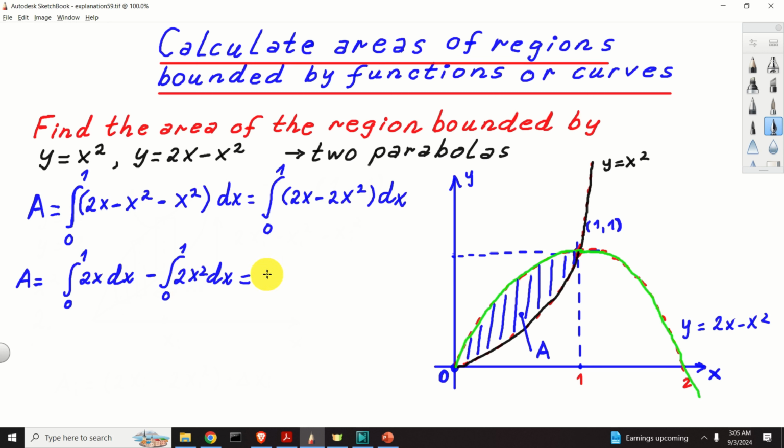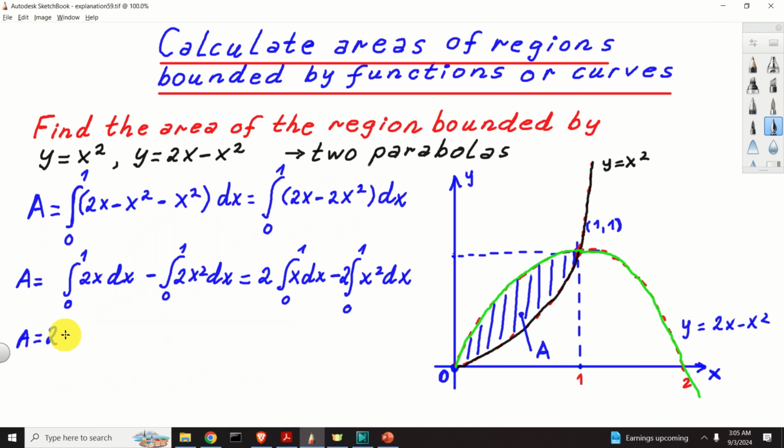Next, we can take 2 out of the first integral, and we have the integral from 0 to 1 of x dx, minus, don't forget 2 over here, the integral from 0 to 1 of x squared dx.